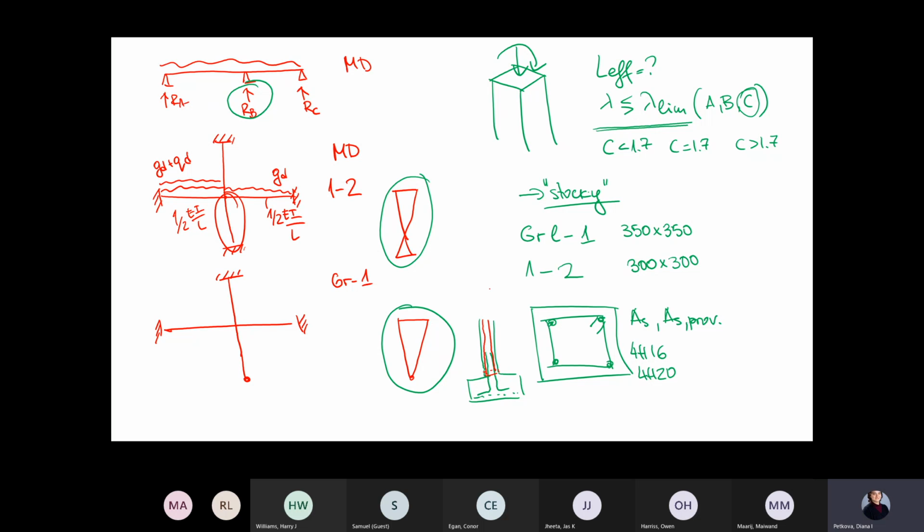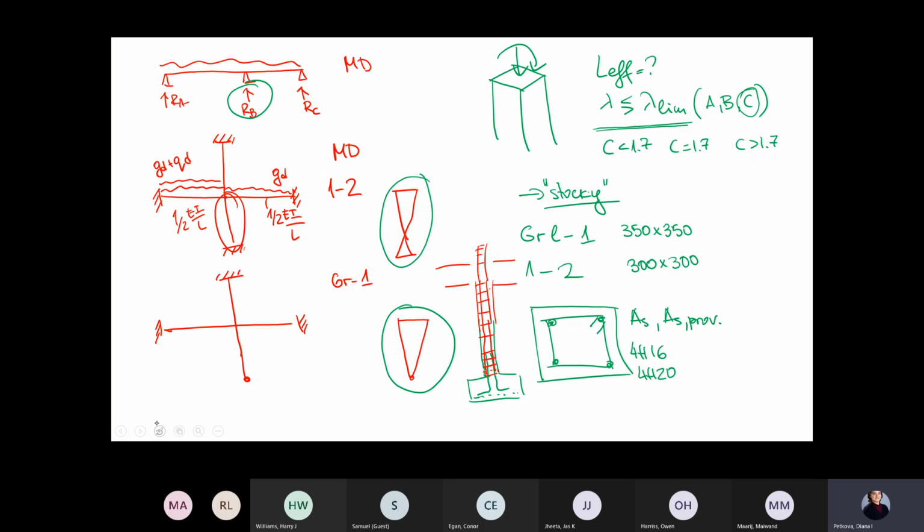I want to see the full height of the column and the connection to the lower level and to the level above as well. I want to see the links. Okay, so this would be more or less your coursework.